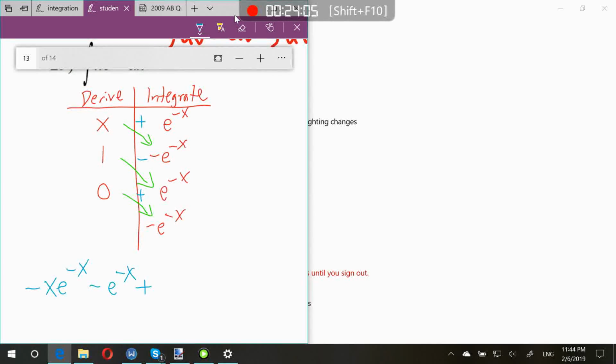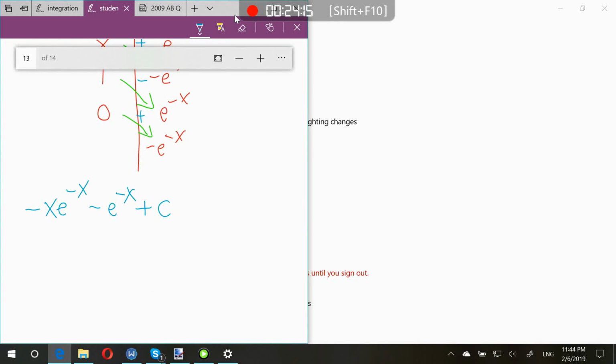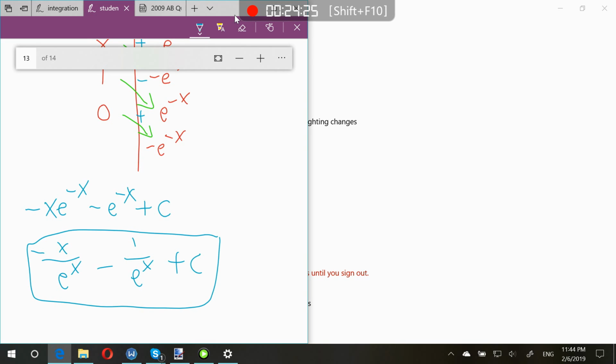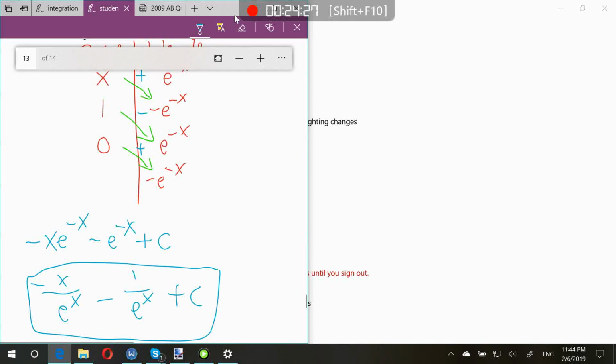Plus 0, and then I'll need a constant of integration, so every term after this will still be plus 0, so this will be plus c. And if I needed to, I could rewrite this like we did last time, so this would be negative x over e to the x minus 1 over e to the x plus c, which is the same answer we got last time, but a lot faster.